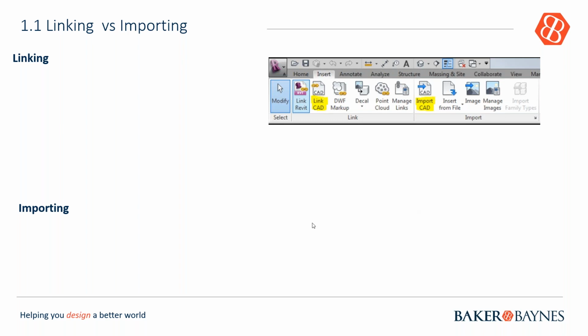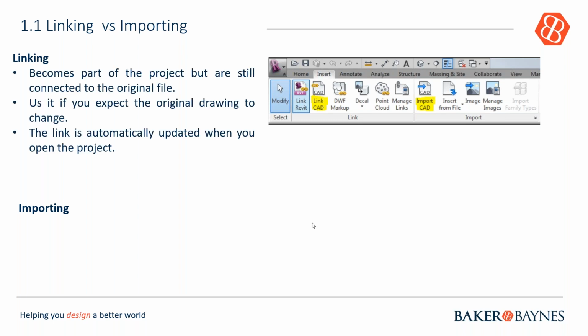The first one that we're going to look at is linking. When you link a project, and this is basically done by Insert, Link or Insert, Import, it literally becomes part of the project, but it's still connected to the original file. It's usually used when you expect the original file to change, and the link is automatically updated when you open up the project.